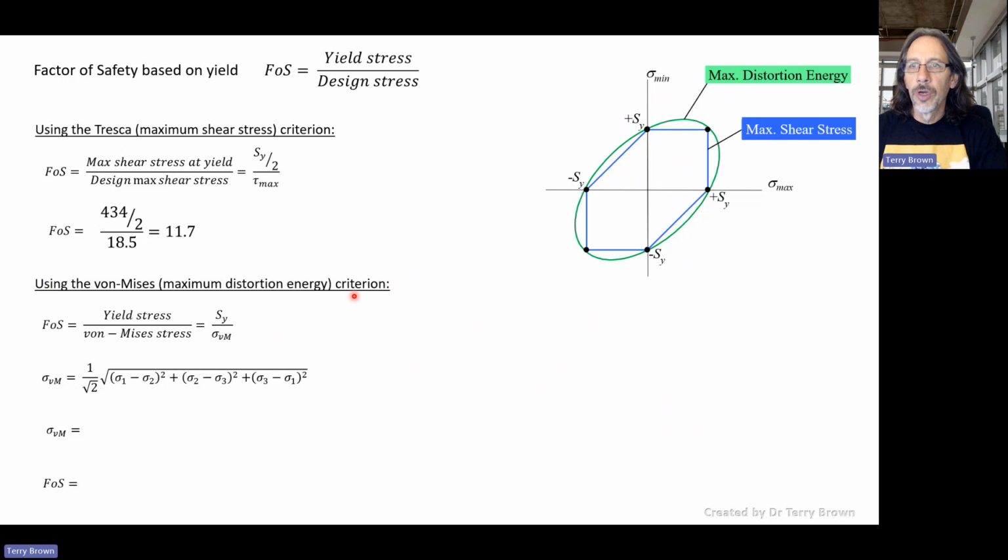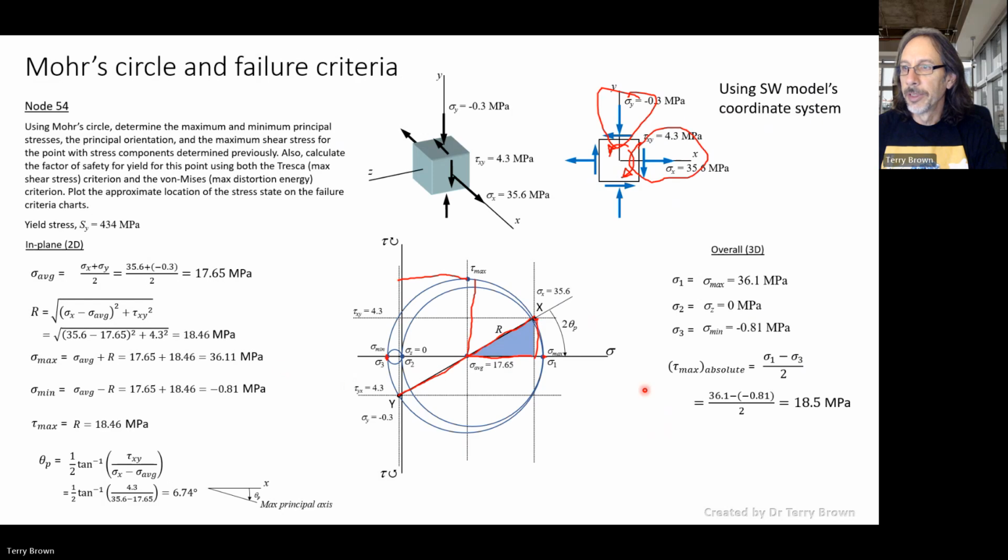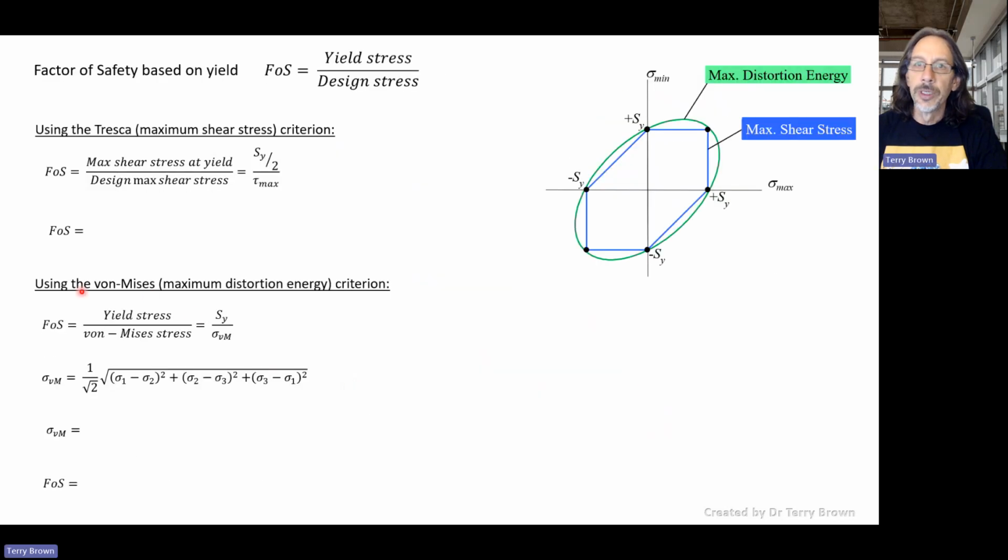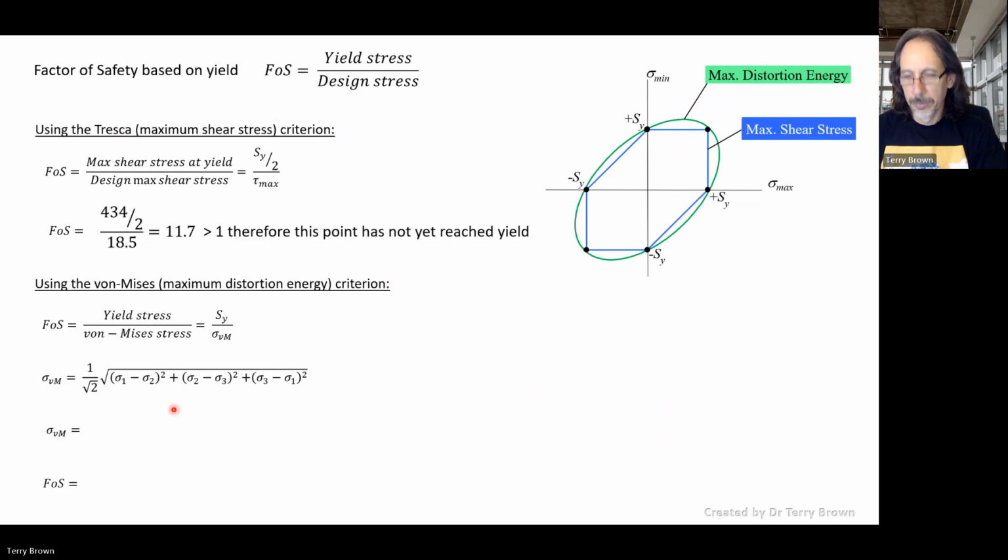If we use the von Mises criterion, or the maximum distortion energy criterion, that allows us to compare the von Mises stress, as calculated from these values, with the yield stress. The von Mises stress is given by this formula here, in terms of the principal stresses that we just calculated. Sorry, my animations are a bit out of whack because I move things around.